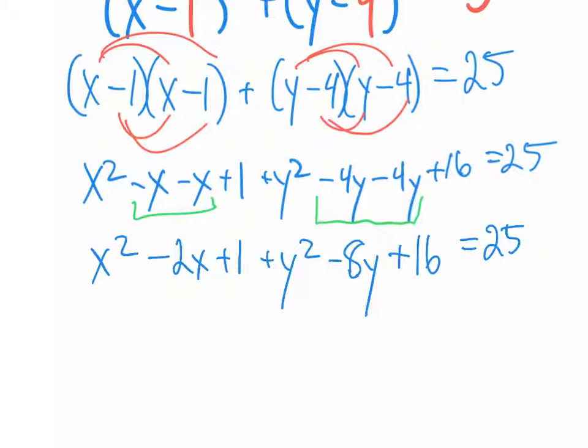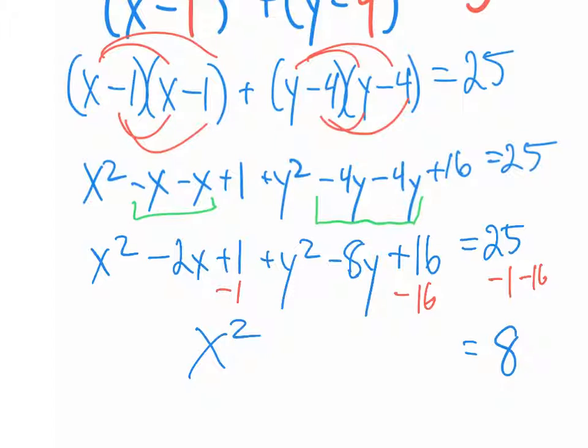Now we're going to simply subtract 1 and subtract 16 from both sides. If we do it to one side, we've got to do it to the other. So 25 minus 1 minus 16 is going to give us 8, right? Amazing. And so what's left?